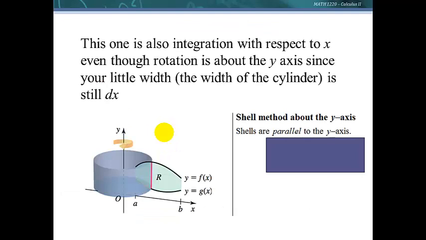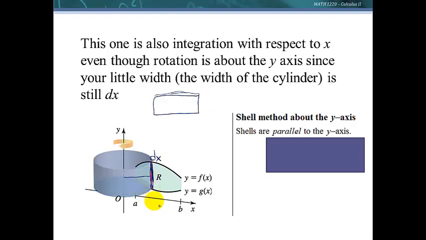Now, another integration with respect to x is if we are rotating around the y-axis and we are doing the shell method. We know it's with respect to x because as we look at our little representative slice or rectangle, it has a little thickness again, dx. As we look here, we essentially want to figure out this piece with our little thickness as it was spread out, and so we know this length is going to be 2 pi r, and we can see that r is going to be the x value here.